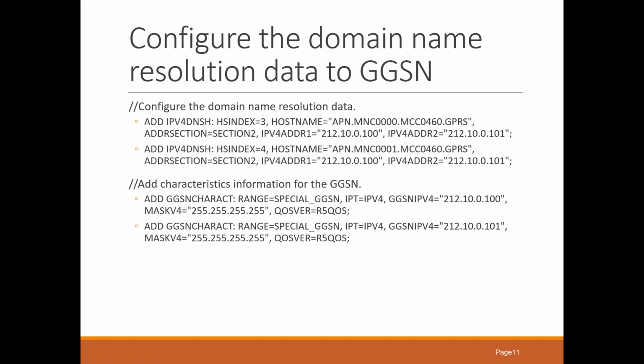In case this IP is not accessible or you remove this entry, then you can use the section 1 entry to resolve it into the second GGSN IP address. This is the concept of section: you can have multiple IPs against a single APN, and those can be differentiated based on their section IDs.